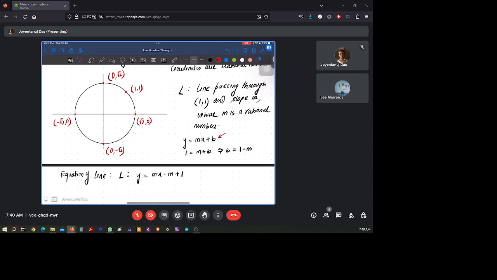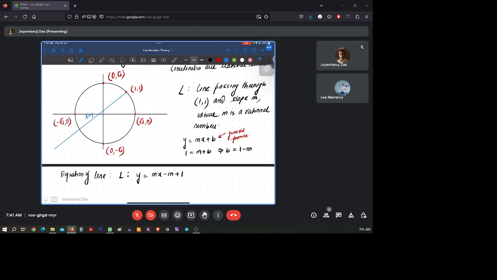So this is the general formula, given that m is the slope. So you have to find this b. So b is the intercept, you can say. So this is the equation. Now how will I find the points? Actually what I am doing is drawing a line like this, so this has slope m.